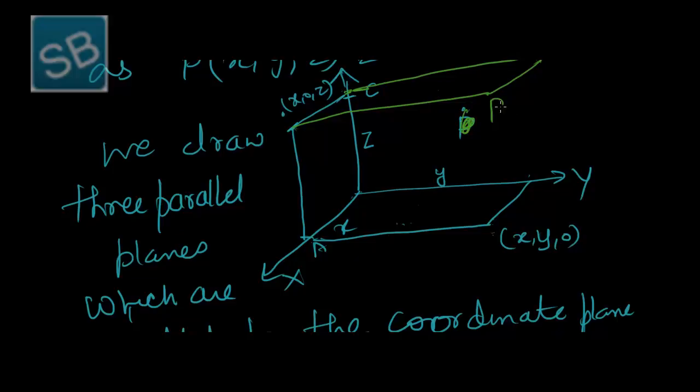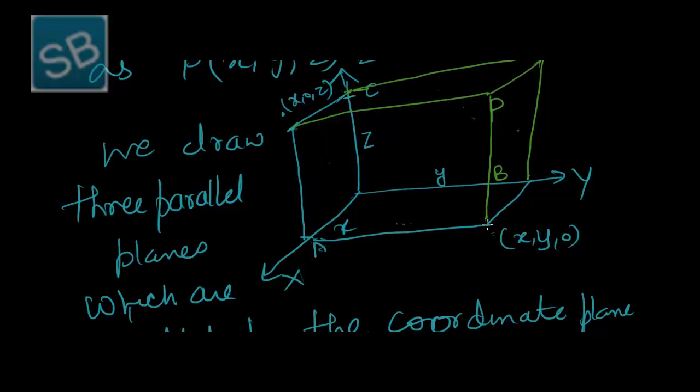Take this point P here. And now join PD and this point. So this plane is parallel to this. And what about this plane? We will see, just name this as the B point.